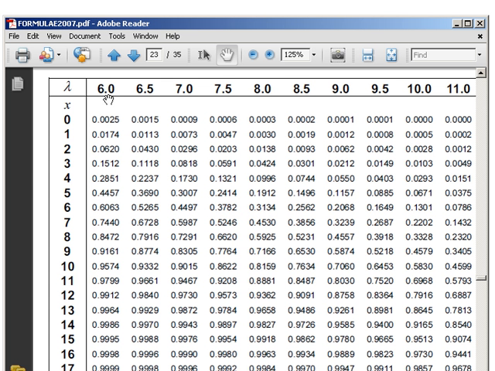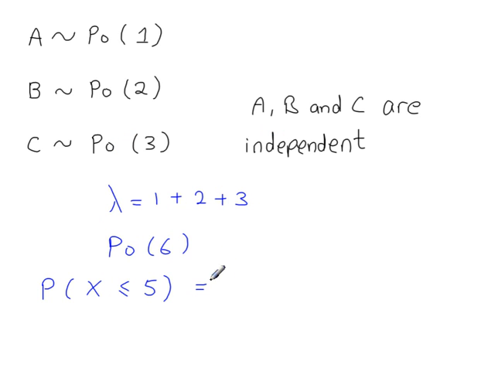Lambda is 6, less than or equal to 5, 0.4457. Now the only reason that you can add these values of lambda together is because A, B and C, these Poisson distributions, are independent of each other.